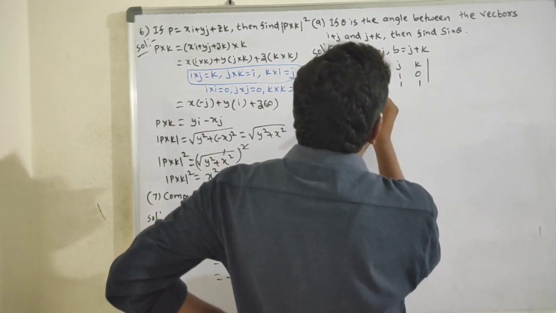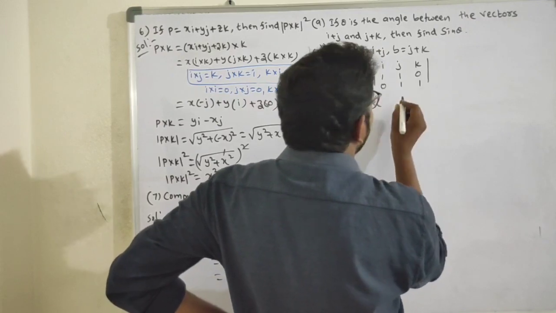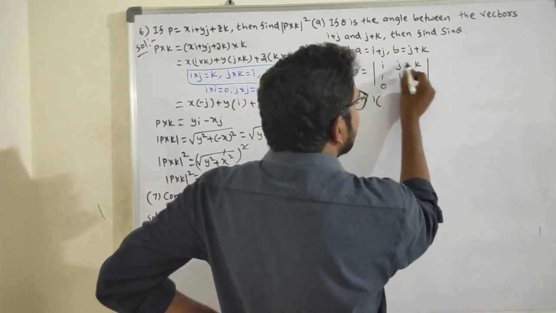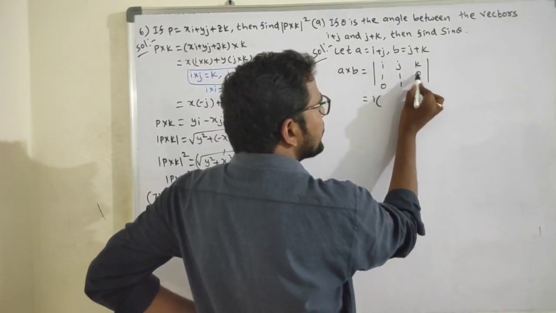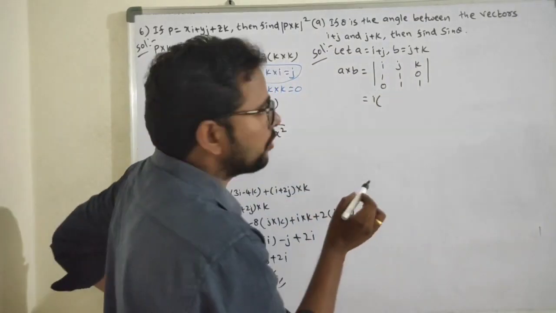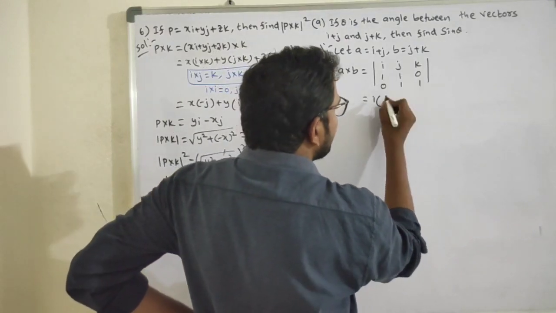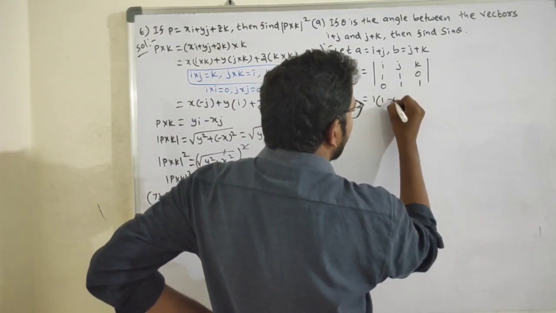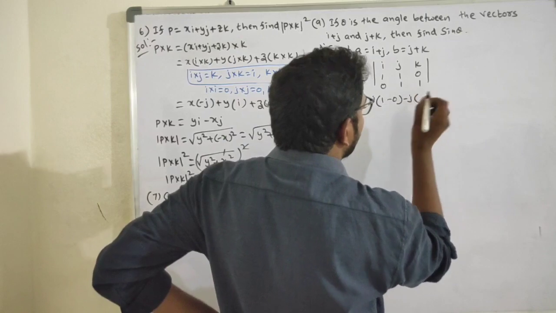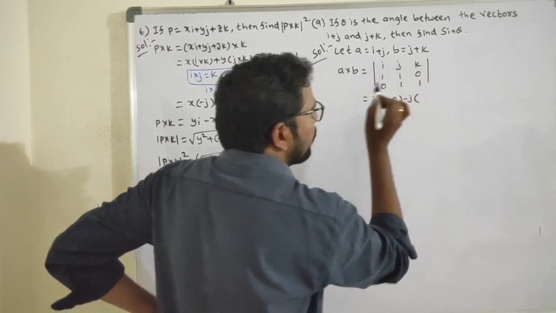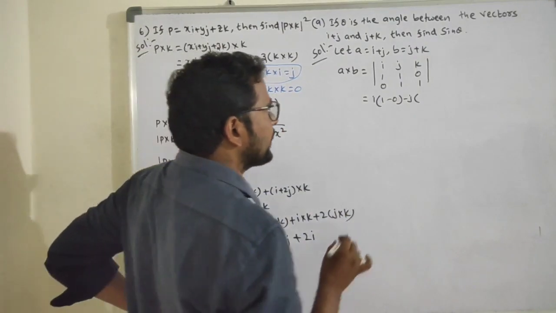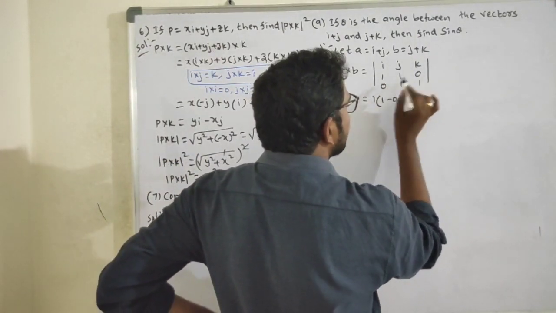So you expand the det: I into AD minus BC. For I, which lies in first row first column, delete first row first column. What is the remaining? 1 0 0 1. So 1 into 1 is 1 minus 1 into 0 is 0. Minus j, which lies in first row, second column, so delete first row, second column. What are the remaining elements? 1 0 0 1.